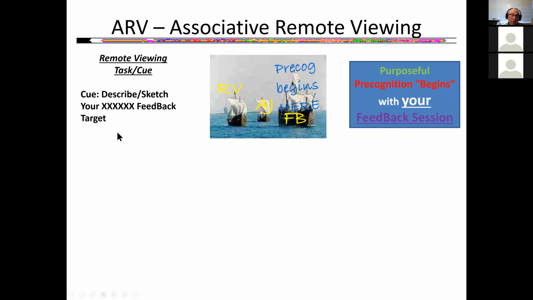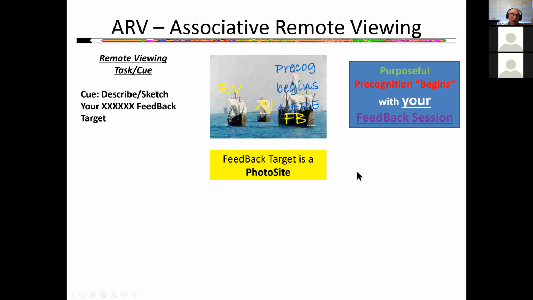Now, the cue, as always, is the simple cue: describe and sketch your feedback target, with the coordinate or transcript reference number. And then the judging occurs in between. Now, what is the feedback target in the work that we do?